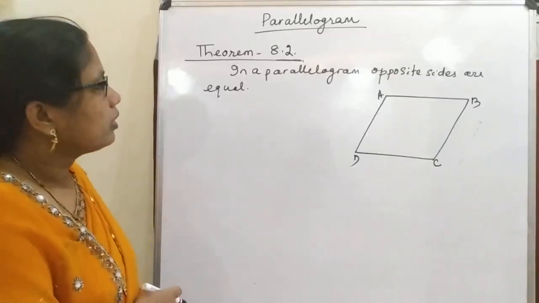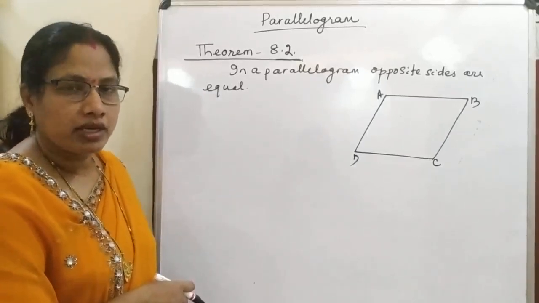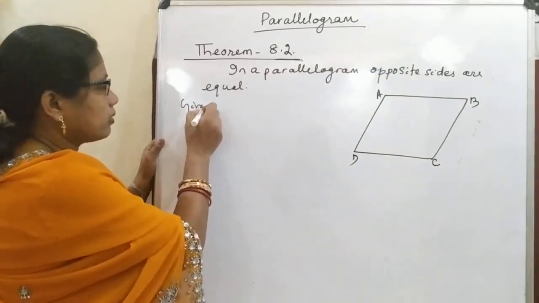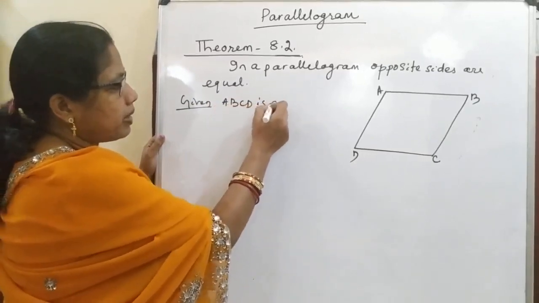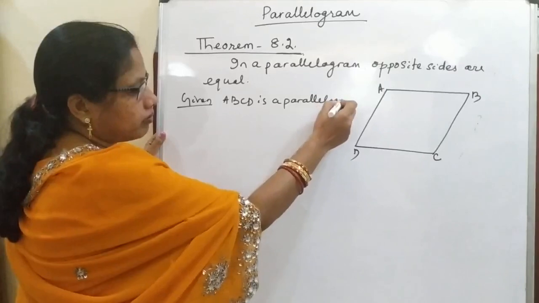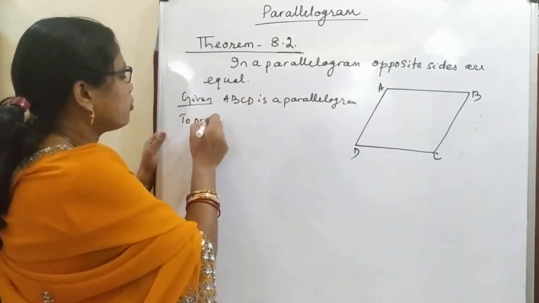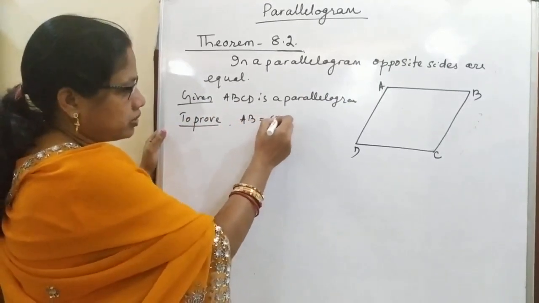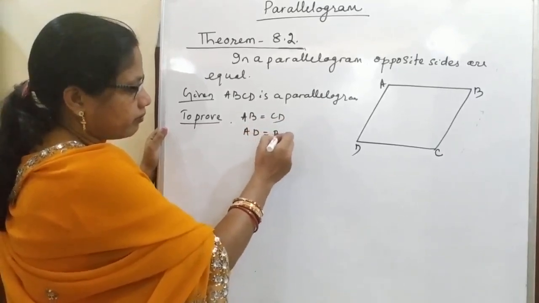Second theorem, the statement is: in a parallelogram, opposite sides are equal. So here it is given that ABCD is a parallelogram. And we have to prove AB is equal to CD and AD is equal to BC.